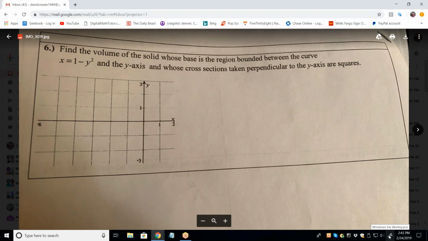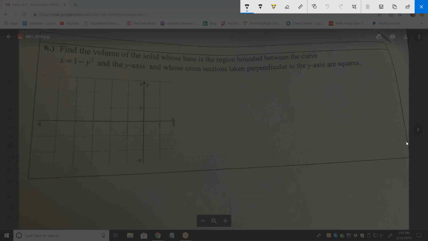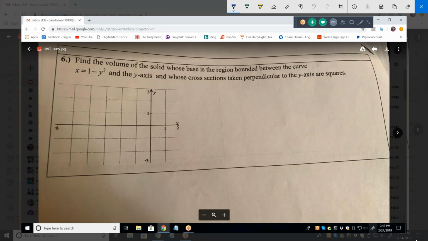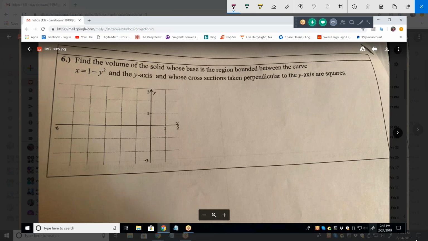But in terms of graphing it, just for my own comfort, I'm going to graph it just to see what we're looking at here. So we have y squared equals 1 minus x. So y is equal to what?